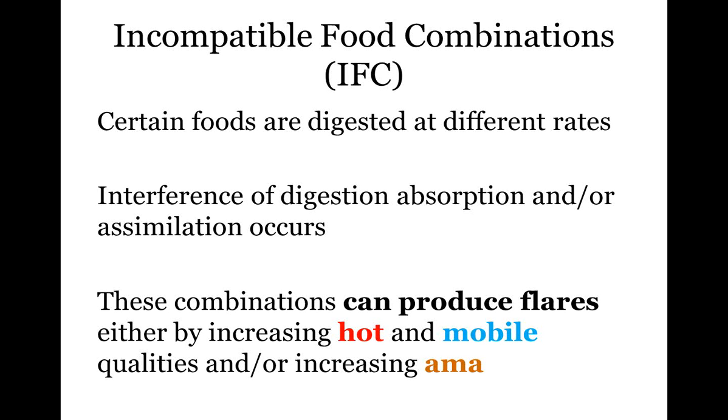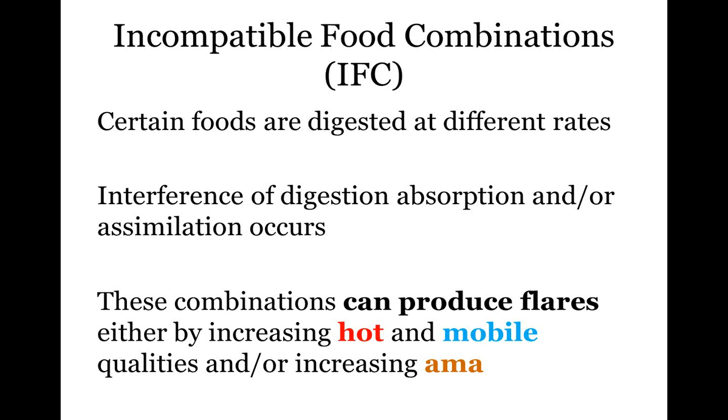This is a very, very important concept, because what it says is that certain foods will interfere with the digestion, absorption, and assimilation of other foods. So that watermelon that you take in will interfere with the digestion, absorption, and or assimilation of the meat that you're now eating as well.